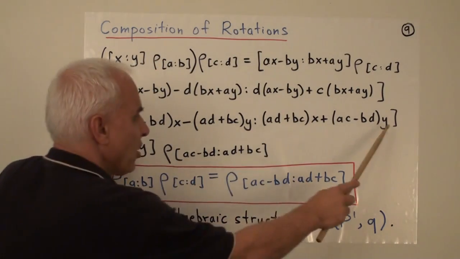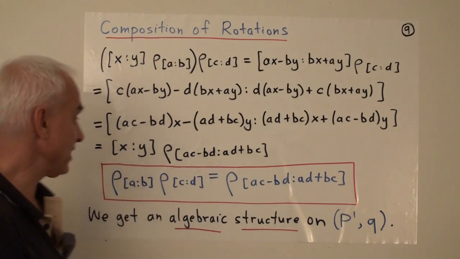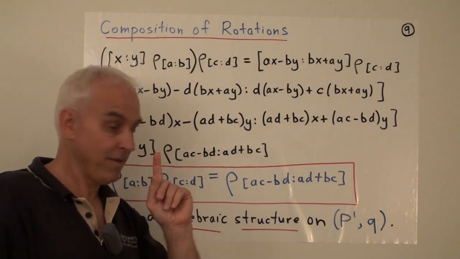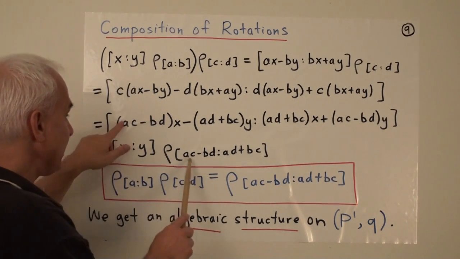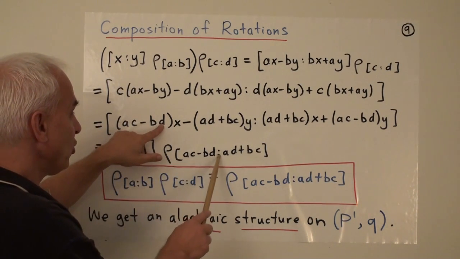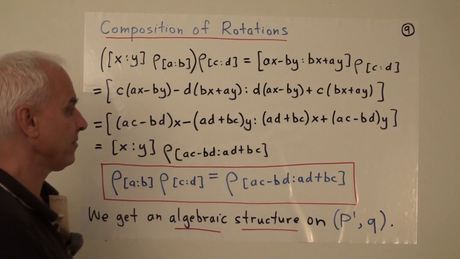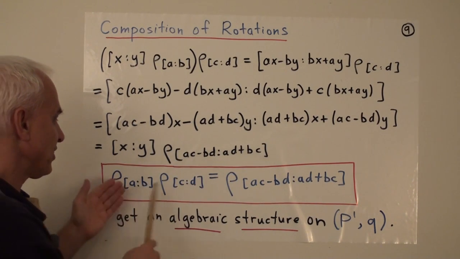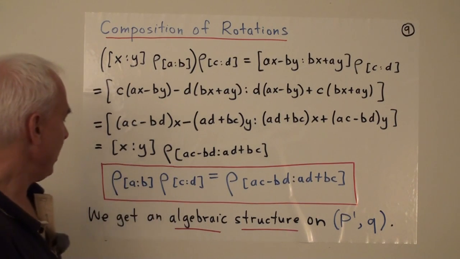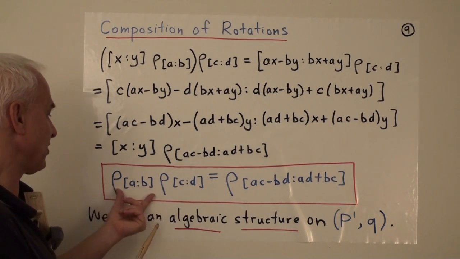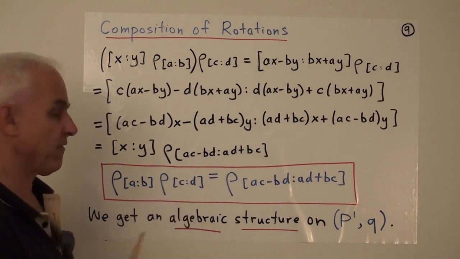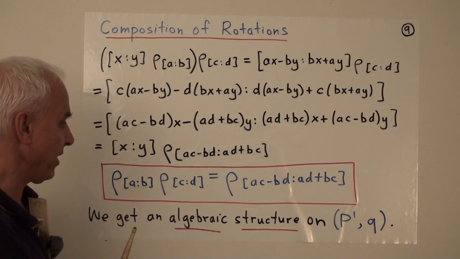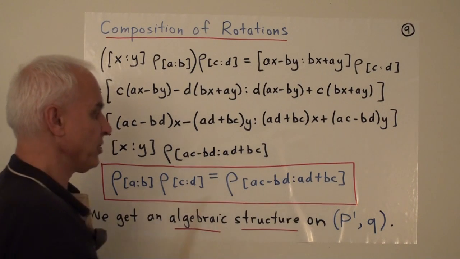So we can write this combined rotation as x to y acted on by a single rotation, rho ac minus bd to ad plus bc. And now if we just write down the essence of it, it's really that this rotation followed by this rotation, that combination when you act on x to y, is the same as this rotation.